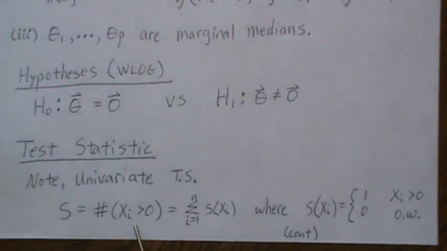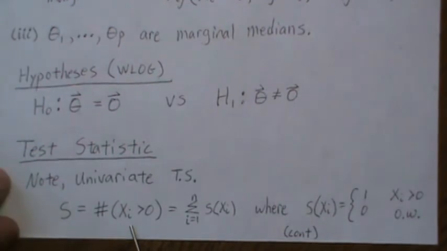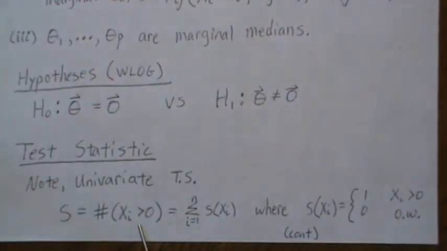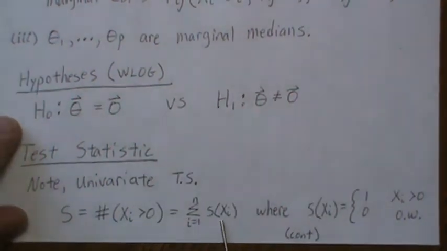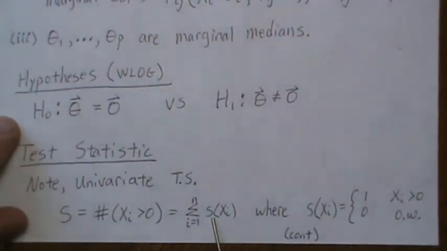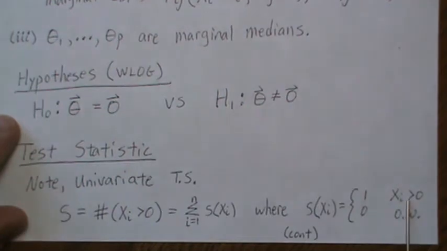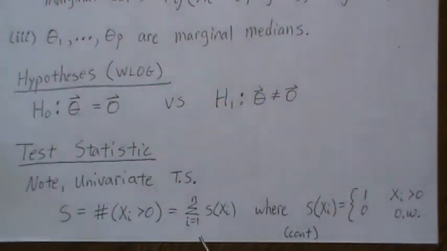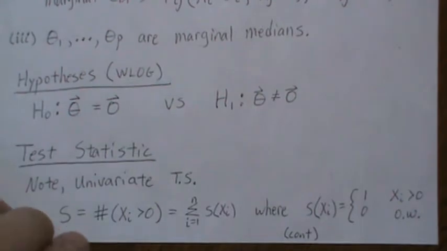And if we get much more than half or way fewer than half our data meeting this condition, then something is not right. And then we showed that this is equal to the sum of an indicator function, where it was 1 if it was greater than 0 and 0 otherwise. The reason we did this is that, as the sum of IID random variables, the central limit theorem could kick in, and then it's asymptotically normal.